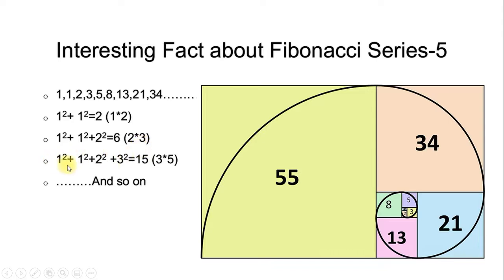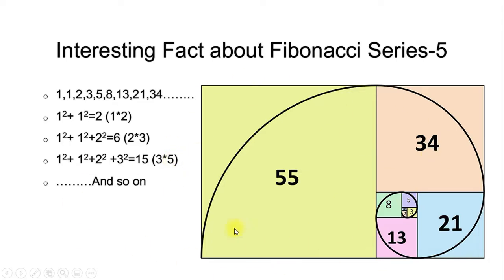Similarly, if we take four terms, 1 square plus 1 square plus 2 square plus 3 square equal to 15. So we have summed up four numbers of the series. It becomes equal to the fourth term into the fifth term. So what does it mathematically mean? How do we represent it?